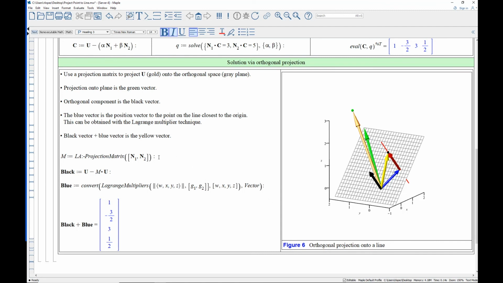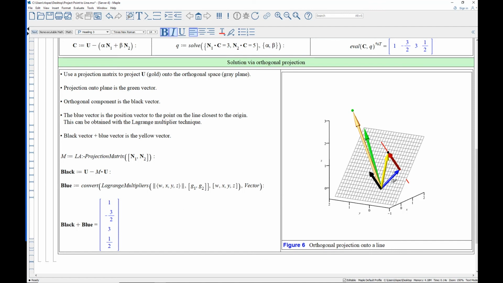Well, I needed a projection matrix that projected onto the space spanned by n1 and n2. Then that matrix times u, and we know what u is. That's the goal vector pointing up to the green dot, but in R4. The difference should be the equivalent of this black vector. And I want to add the black and the blue. I want to make that sum and see if I get the yellow.